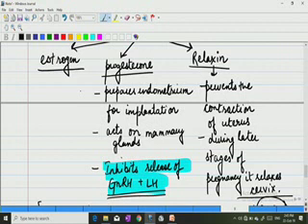So what is the first menstrual cycle called?